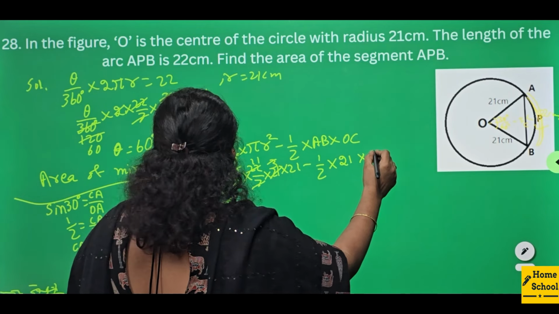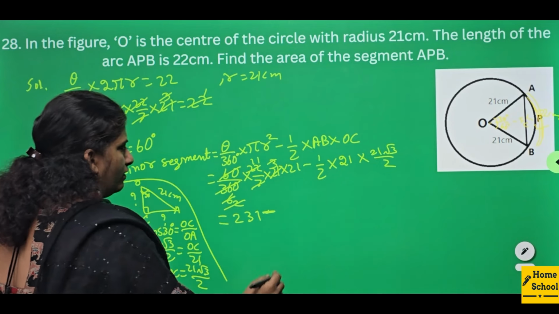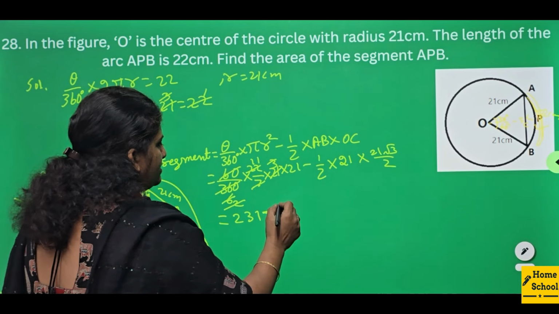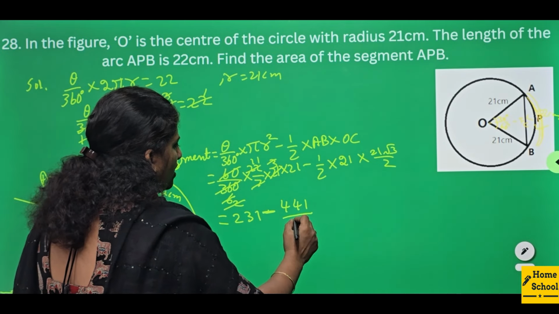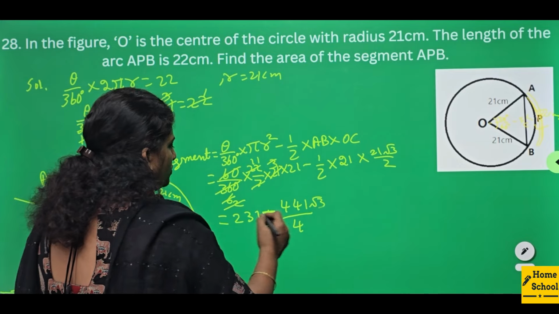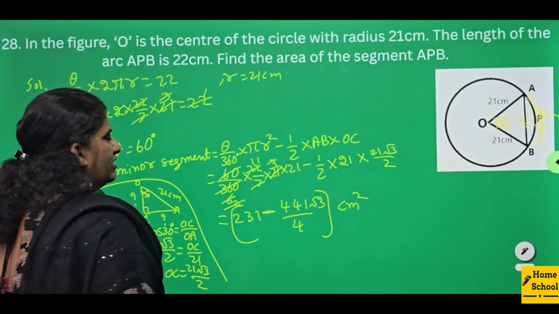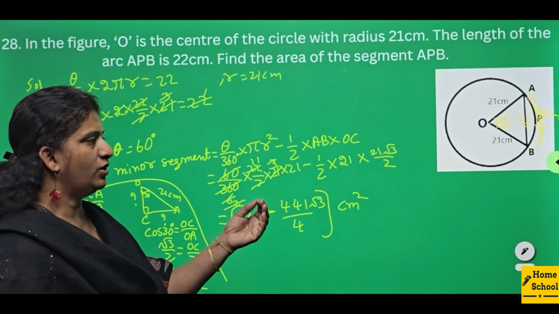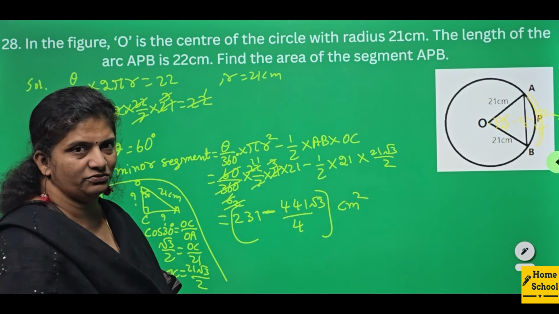Therefore, height of the triangle is how much? 21 root 3 by 2. Anything you cannot cancel. So, 21 into 21 it is 441 by 2 2s are 4 and this is root 3. Stop your answer here itself. Centimeter square is the area of the minor segment. Suppose if any root 3 value given, you need to substitute and calculate the value.